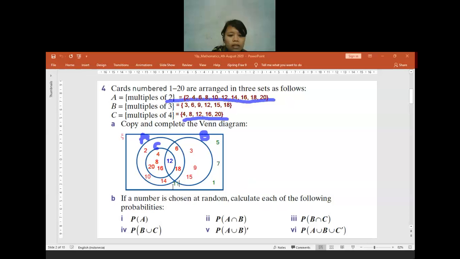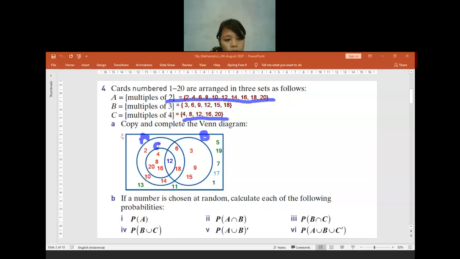Then 13. Okay, what number else? 17, and 19. Okay, what number else, maybe we missed? Is there any number else that we missed?